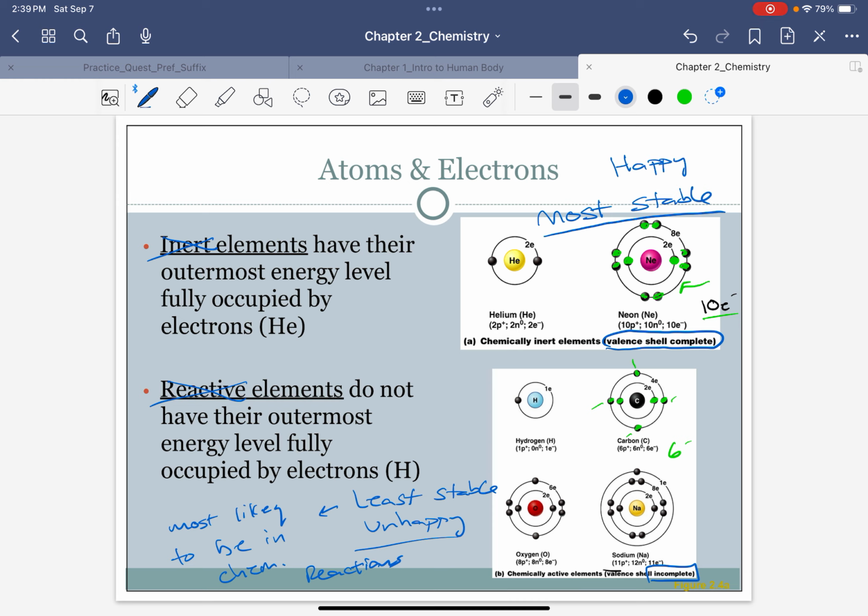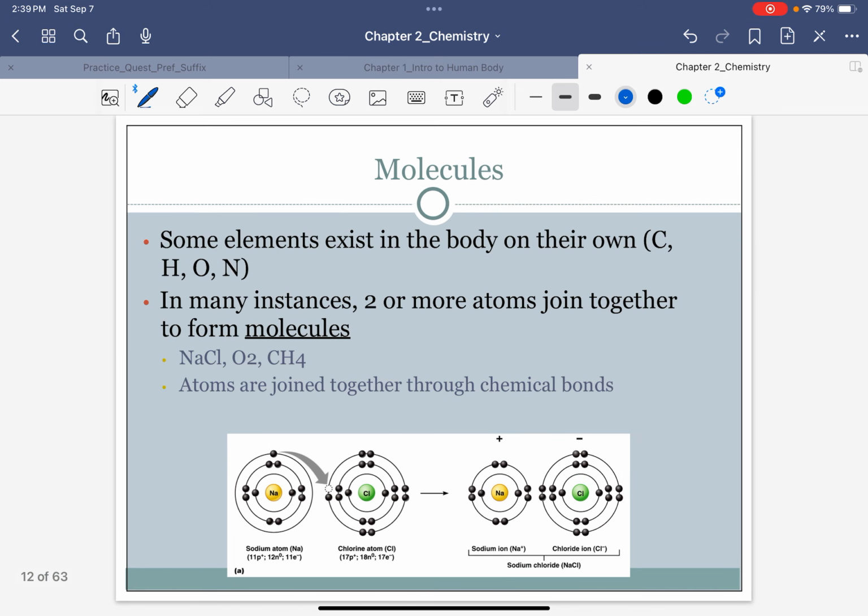Atoms that have a full valence shell are really stable, very much less likely to participate in chemical reactions. Atoms that have an incomplete or not full valence shell will be most likely to participate in chemical reactions. All right, we're going to pick up here when I see you next.